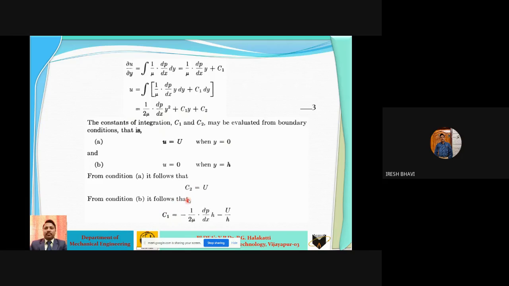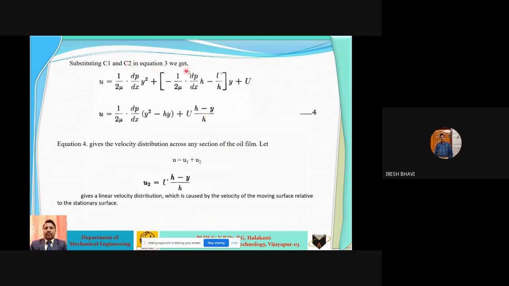Now let us substitute these c1 and c2 in equation 3. Substituting c1 and c2 in equation 3, we get u is equal to 1 by 2 mu dp by dx into y square minus 1 by 2 mu dp by dx into h minus U by h into y plus U. Upon simplification, you take 1 by 2 mu dp by dx as common, so it will become y square minus h into y.